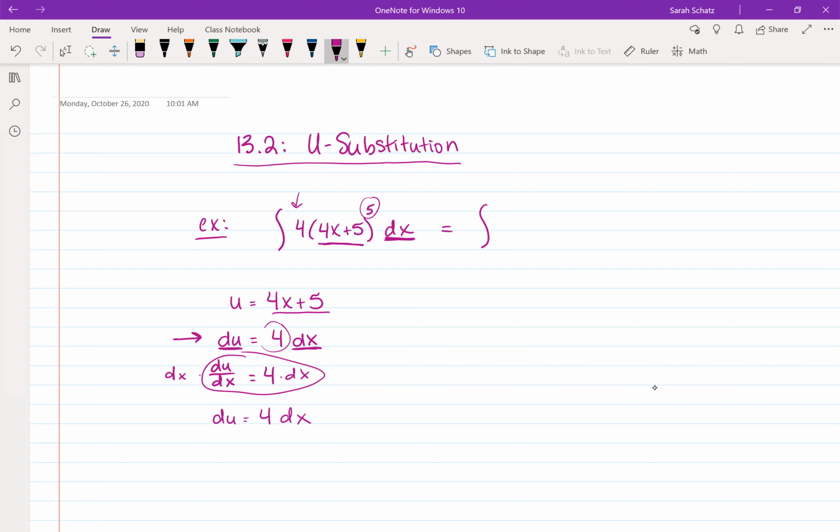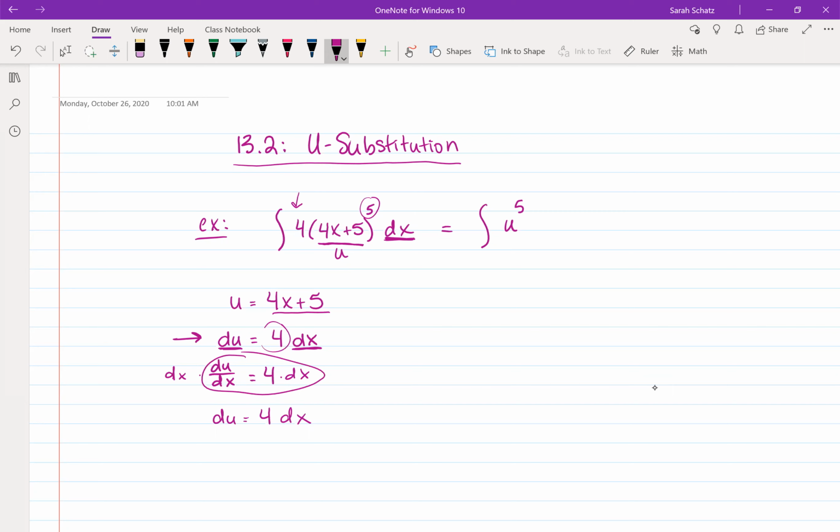So watch closely. I said this 4x plus 5 is really just u, right? So I could rewrite this as u to the 5th. Do you see how 4x plus 5 to the 5th became u to the 5th?